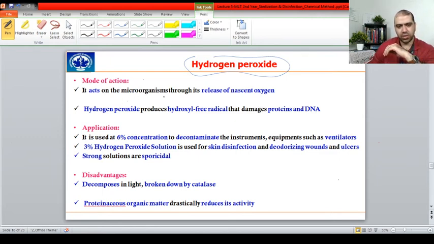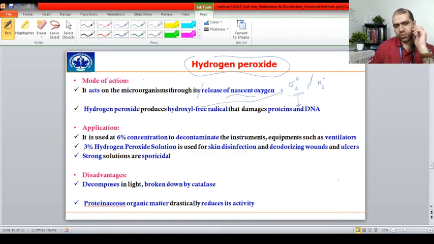It acts on the microorganisms through the release of nascent oxygen, that is free radicals, such as the superoxide anion. These can cause very strong damage to your proteins and your DNA. An example of a free radical is the superoxide anion. It can also be different kinds of anions.